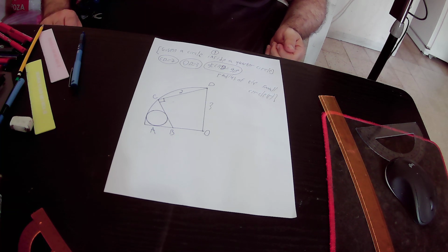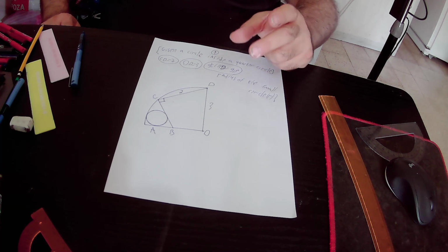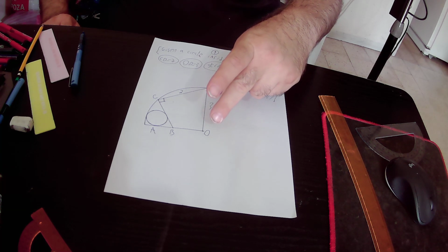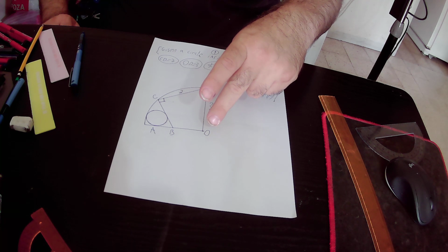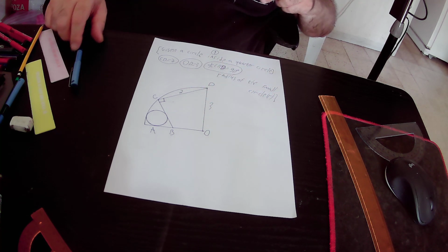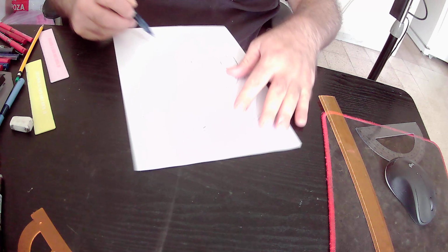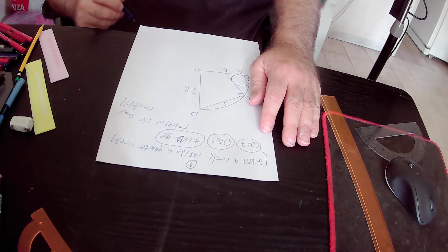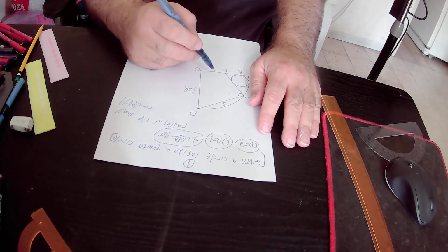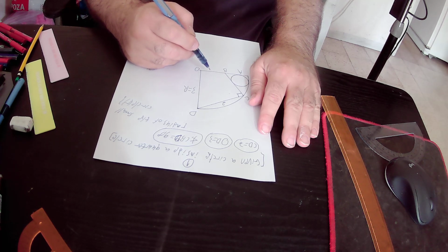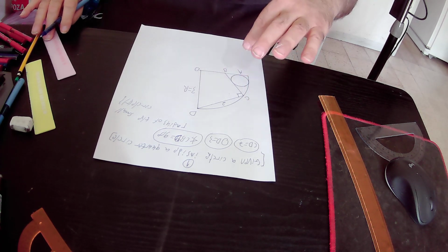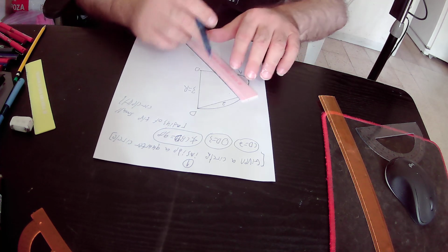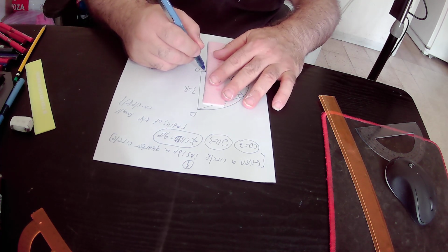First of all, we have a quarter circle, therefore DO is the radius of the quarter circle, so I will mark it as capital R. Because we have a quarter circle, angle DOB must be equal to 90 degrees.